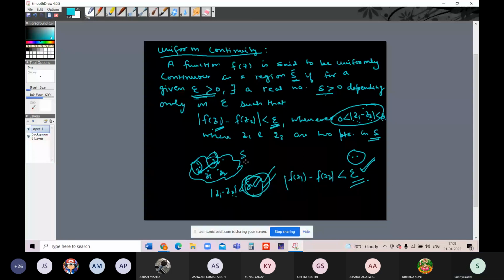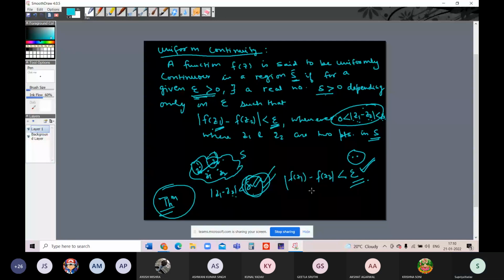एक इसमें important theorem है, if function is uniformly continuous over the region S, या किसी भी region S में अगर function uniformly continuous है तो वो function वहां पे continuous भी होगा. So every uniformly continuous function is also continuous in that region. But if the function is continuous in a region, it doesn't imply that the function will be uniformly continuous.